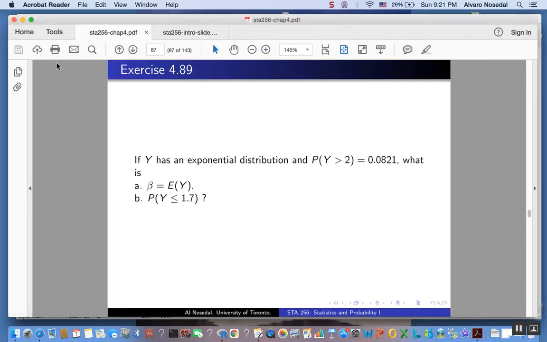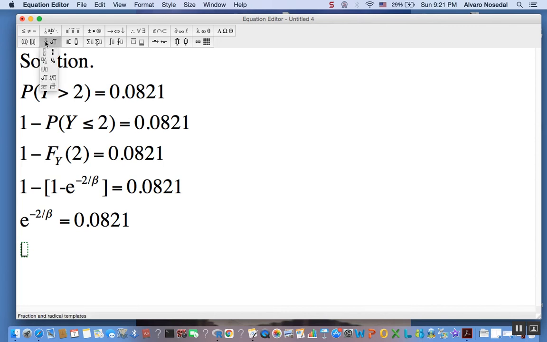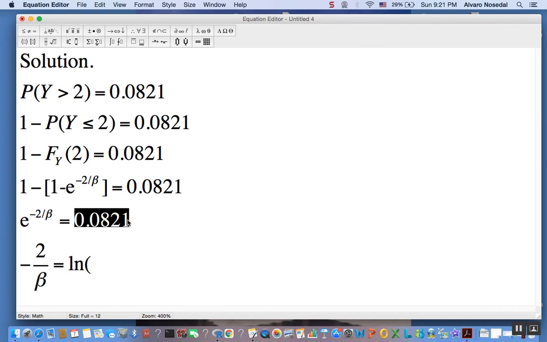So what we have to do is just solve for beta from that last expression that we had, right? So let's just apply natural log on both sides, and what we end up with is negative 2 divided by beta equals natural log of 0.0821.